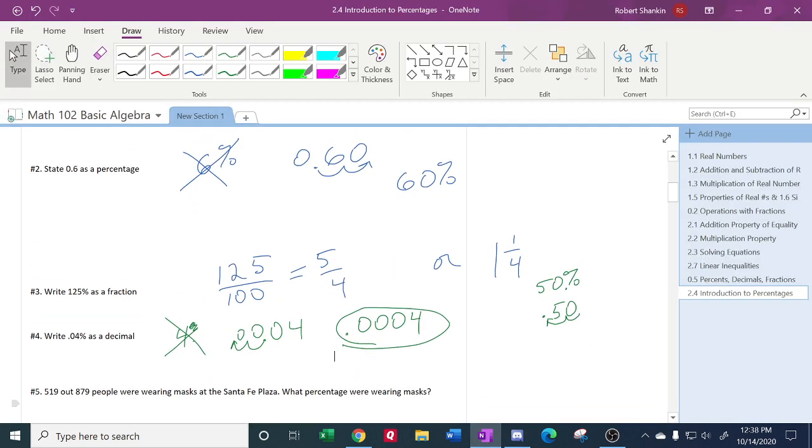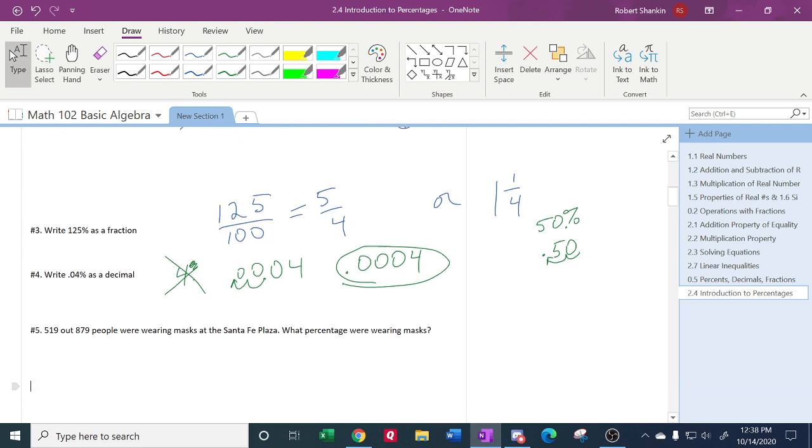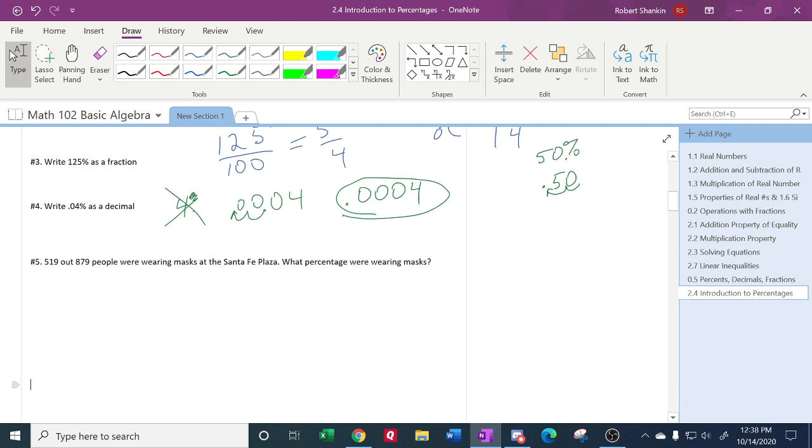Number 5. 519 out of 879 people were wearing masks in the Santa Fe Plaza. What percentage were wearing masks?